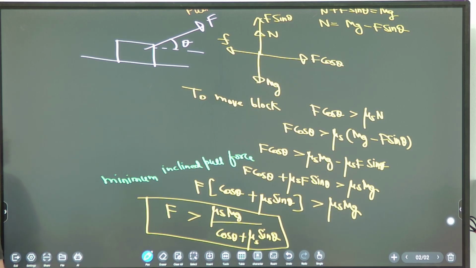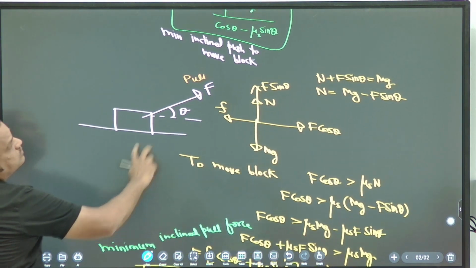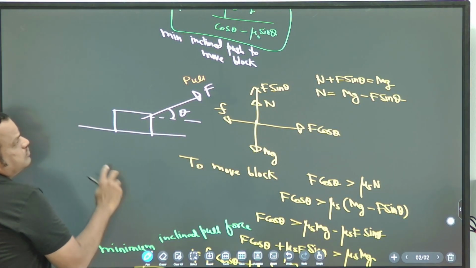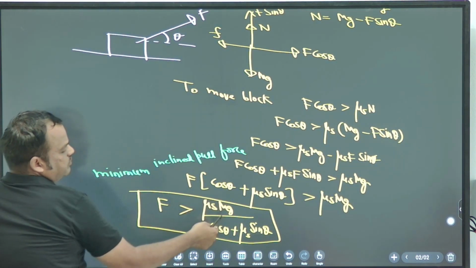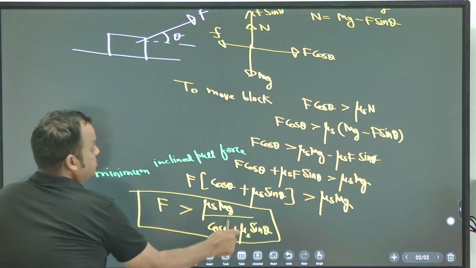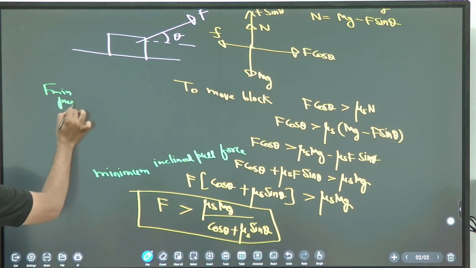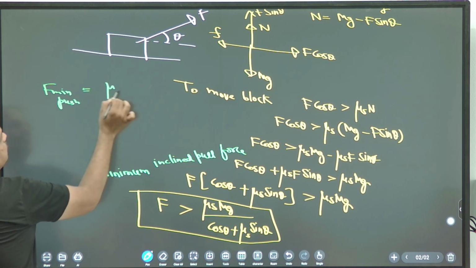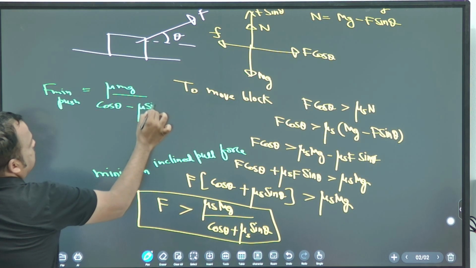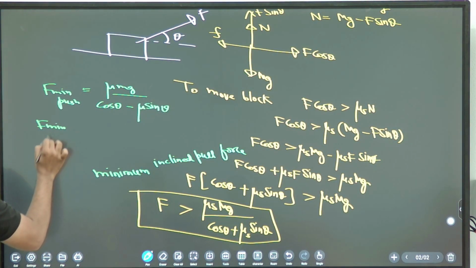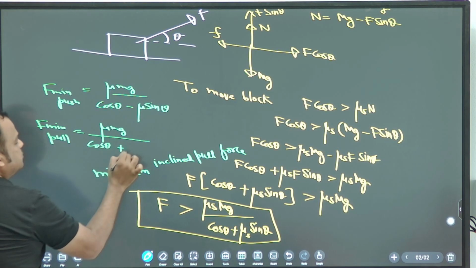So what is the minimum inclined push force? Mu mg by cos theta minus mu sin theta. And what is the minimum inclined pull force? Mu mg divided by cos theta plus mu sin theta. Okay, understood? So F minimum push is equal to mu mg by cos theta minus mu sin theta, and F minimum pull is mu mg by cos theta plus mu sin theta.